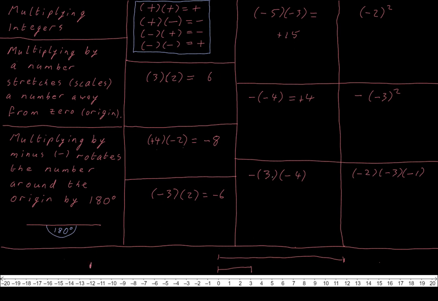So when I multiply plus 3 by minus 4, I end up at minus 12. So my next line would look like minus 12. These two multiplied together give me my minus 12, because I had my 3 by 4 and then did my multiplying by a minus, and I end up down at minus 12.